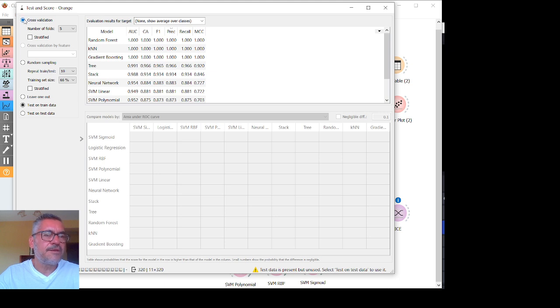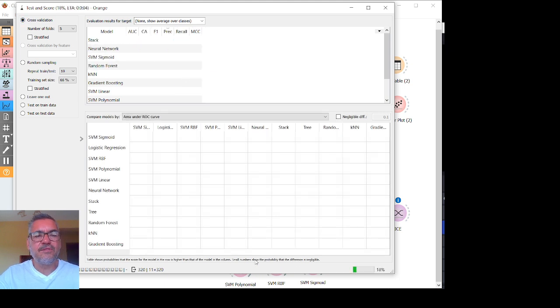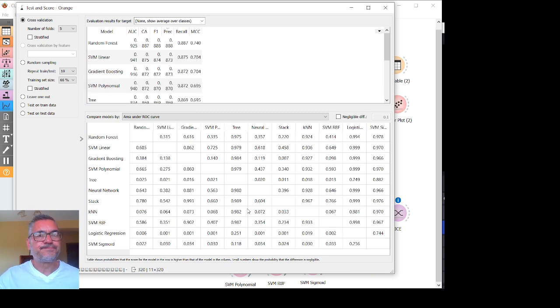We check this, and now you can see that all the models are trained again in 5 folds. Of course, it takes a bit more time because we do the same thing in 5 different folds, so it takes 5 times the time that it took before.